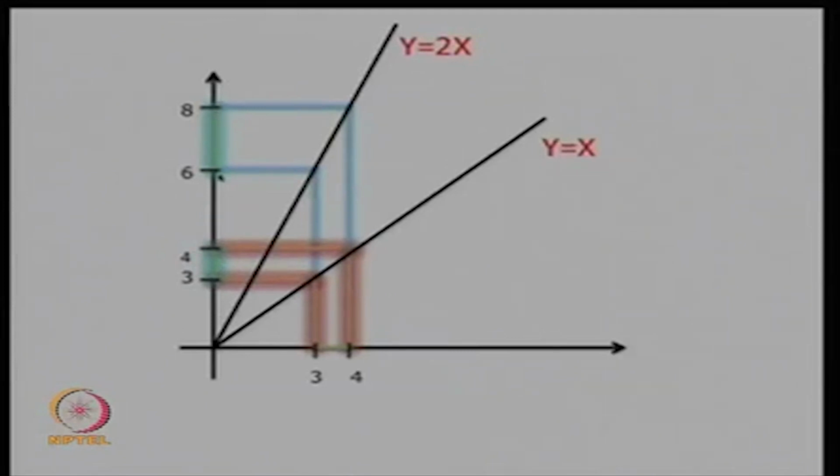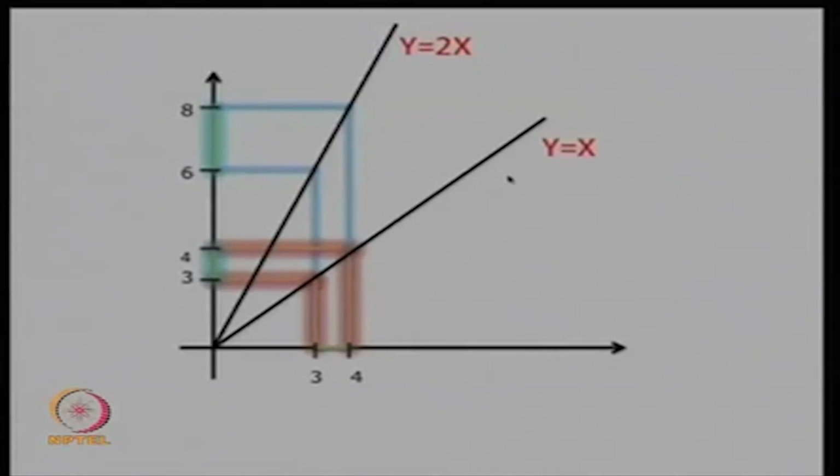So, you can see this is bigger than this. If the x's change by the same quantity, the change in y is more for this curve compared to this curve. So, the slope of y equal to 2x is bigger than y equal to x.